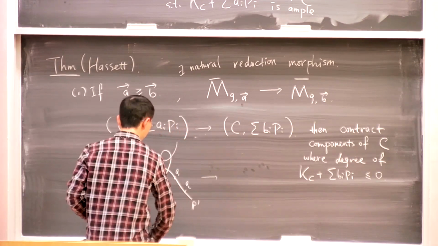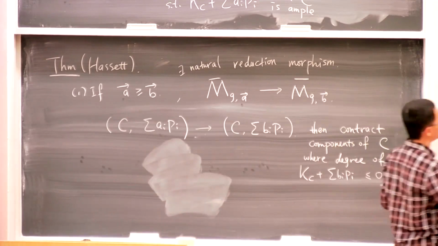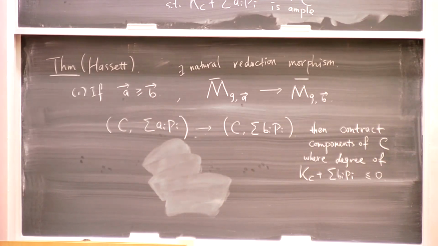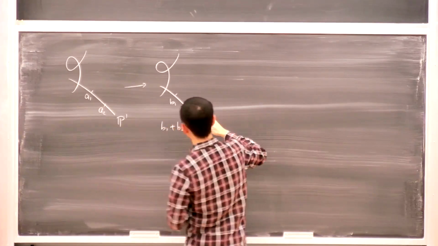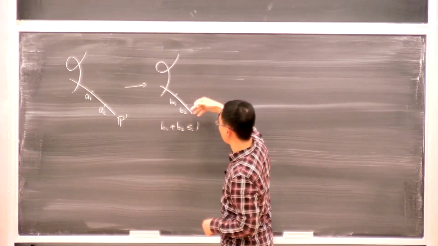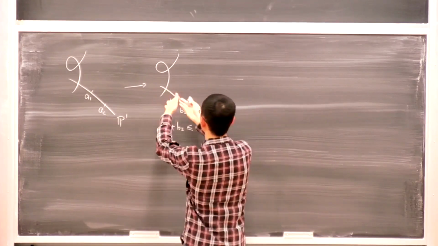Maybe I should draw it on the other board. So if you have a P1 component here, and then you start dropping the weights, and the sum of the weights becomes less than 1, or maybe less than or equal to 1, then the degree of canonical plus the boundary is not positive on this component, so you have to contract it.